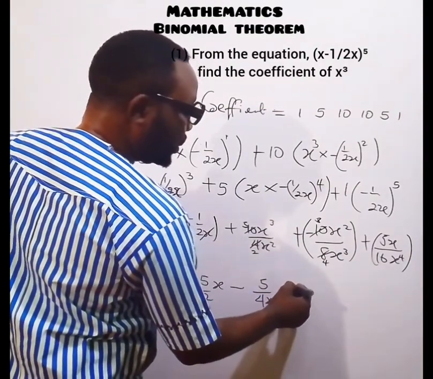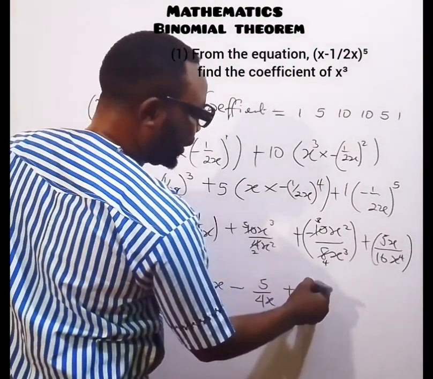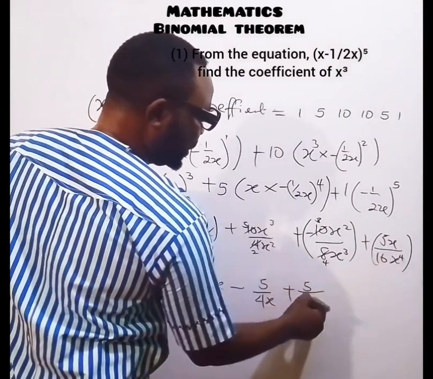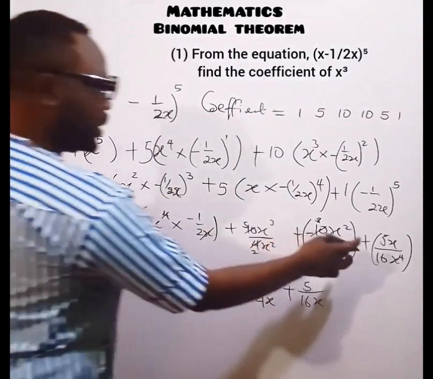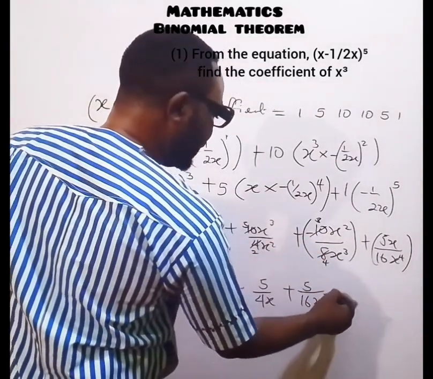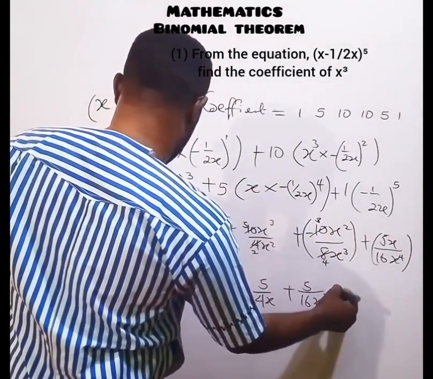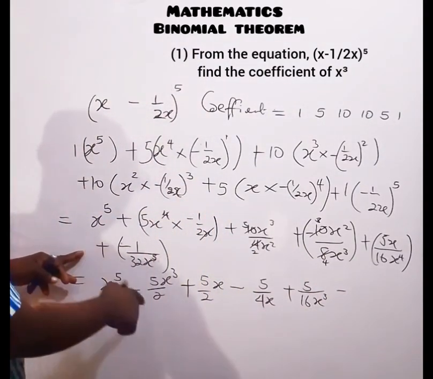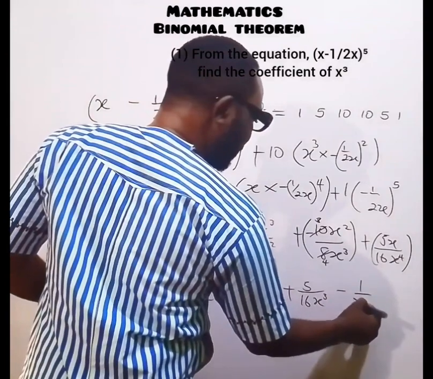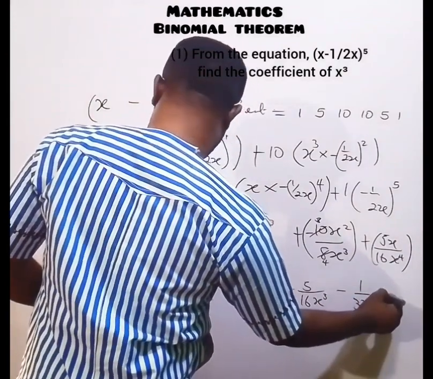Then plus 5 over 16 x raised to the power of 3. Then minus times plus here, minus 1 over 32 x raised to the power of 5.